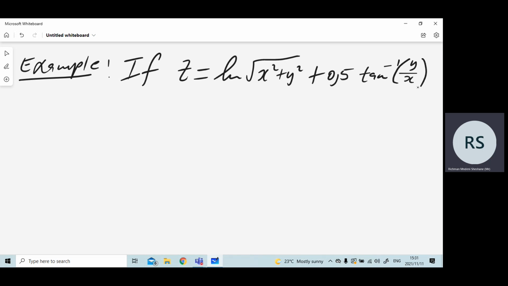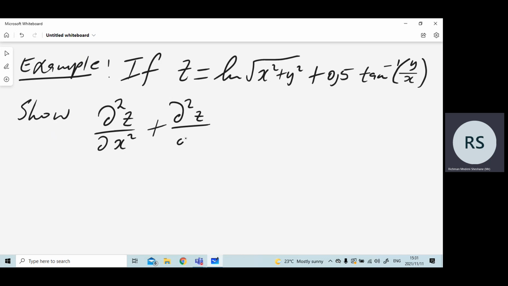If z is equal to this function of x and y, the question is to show that the second partial derivative of z with respect to x, added to the second partial derivative of z with respect to y, is going to be 0.